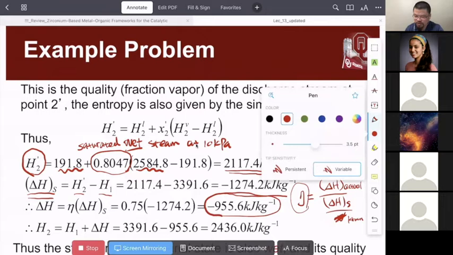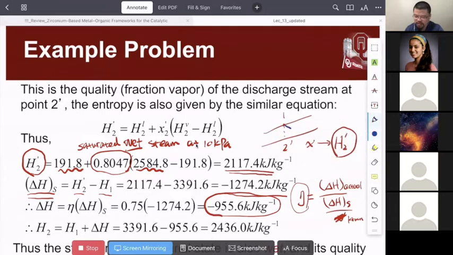Because we need to determine, we know that the actual is shifted along the same pressure curve. This is the P2 curve, this is the P1 curve. We know that the actual is shifted along the same pressure curve to somewhere, and we need to figure that out.